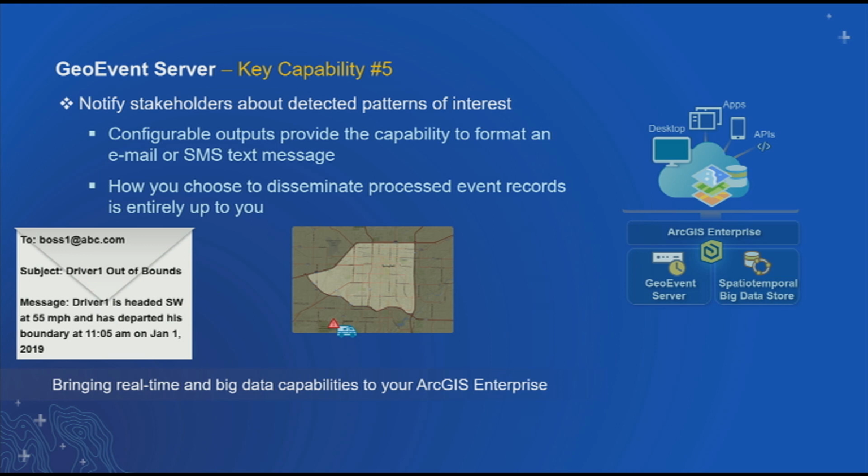We could set up a GeoEvent service to notify us using an email or an SMS text message when that vehicle is outside of its service zone. The email that we send out can use specialized HTML formatting, so the message itself can contain information about the event, such as the driver's name, and we can send that to a configurable supervisor email or something like that.